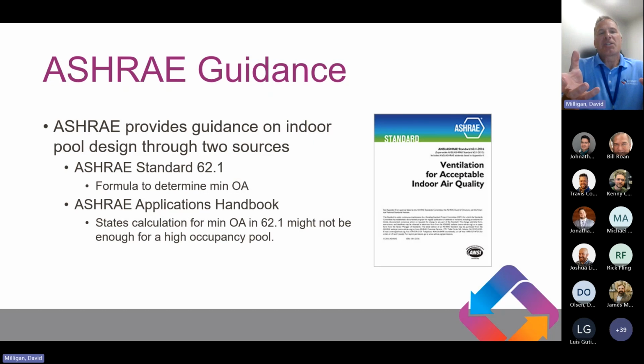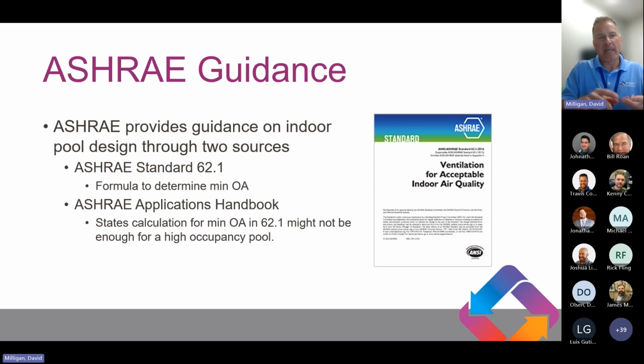But right within the ASHRAE Applications Handbook, if you take a look at that publication, it states that the minimum amount of outdoor air that's used in standard 62.1 might not be enough outdoor air for a high occupancy pool. And my point on this is, what pool space are we designing or trying to provide ventilation to that isn't being considered a high occupancy pool?